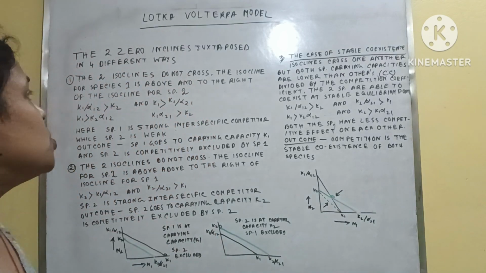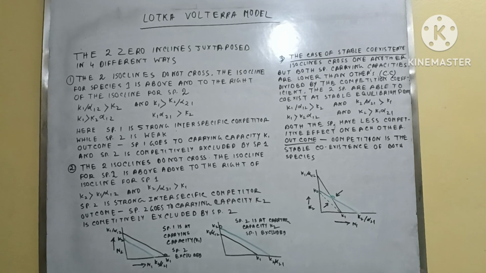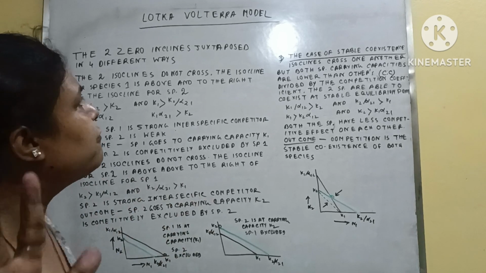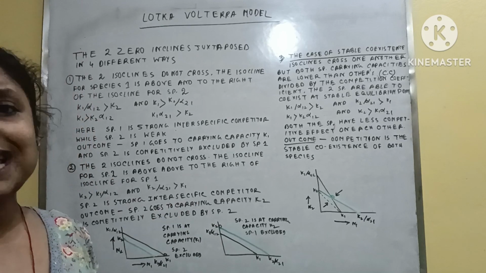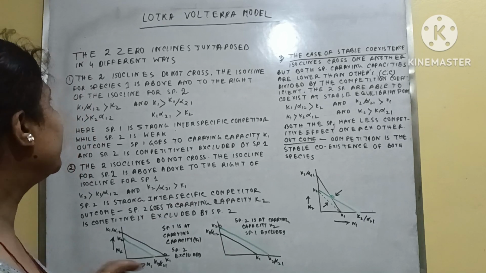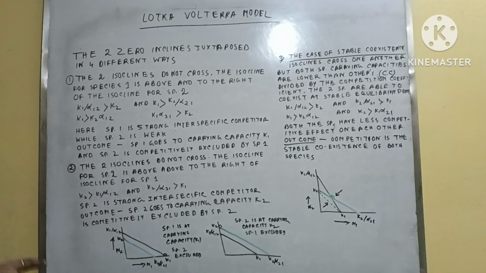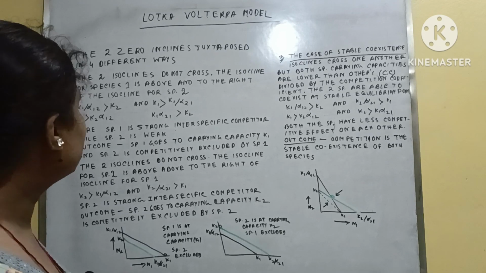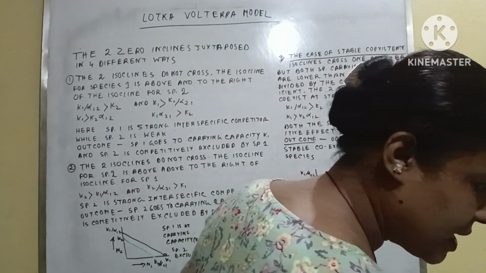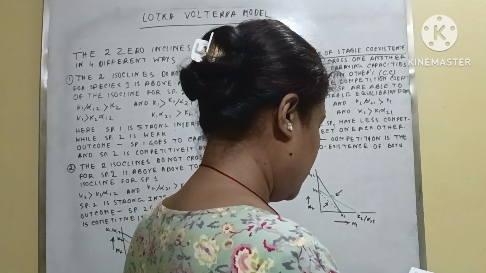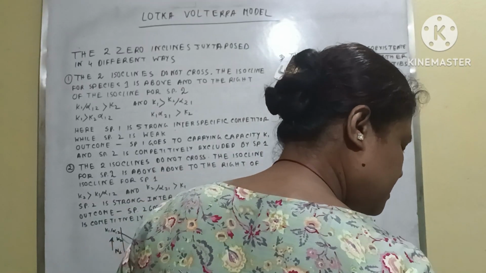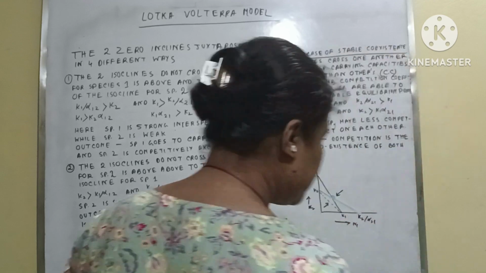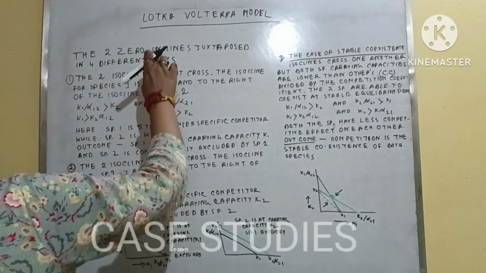Okay, so the first case. Generally four different cases are seen related to the zero isoclines.